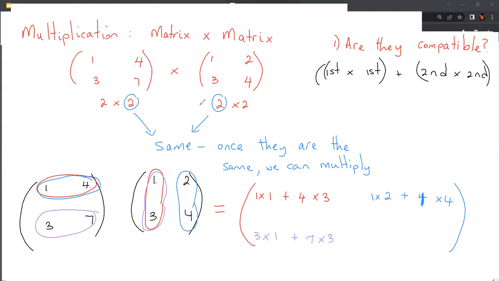Then do this part over. All right, so here's what I'll do. I'll complete this one and then I'll do another one as practice. So you're going each row by each column, right?